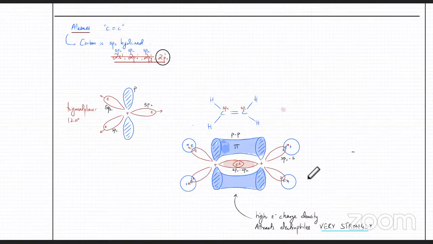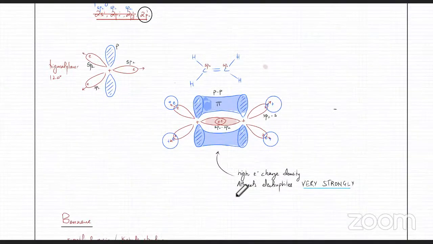So the alkene double bond is going to be very, very reactive. It attracts electrophiles. Electrophiles are species that are attracted to electrons. So it attracts electrophiles very, very strongly. So remember this part, that alkenes have an electron cloud that has a very high charge density, which is why it has electrophilic reactions, which are very, very vigorous.